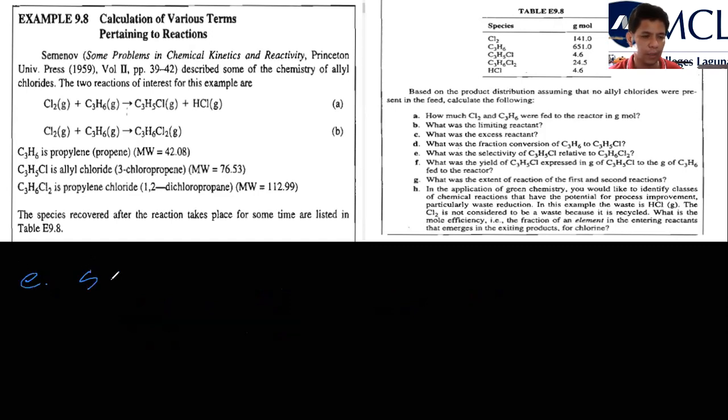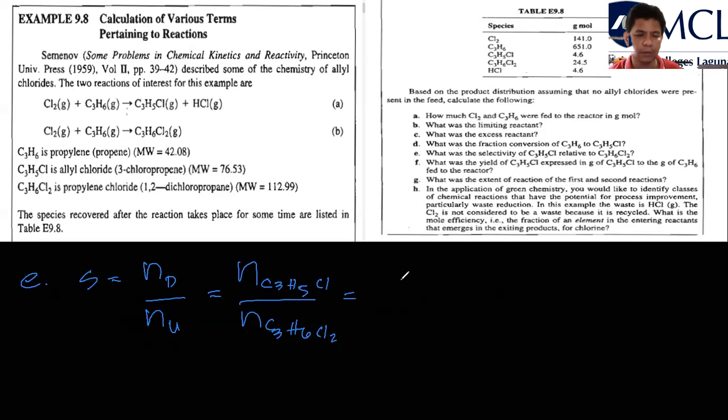Okay, so selectivity is the number of moles of desired product divided by the number of moles of undesired product. The desired product is C3H5Cl. Undesired is C3H6Cl2.